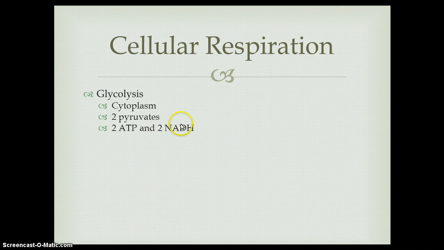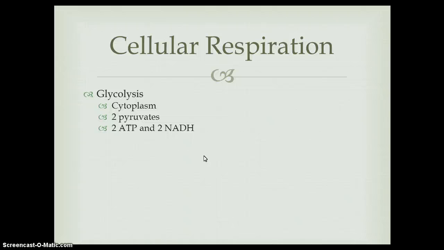Now if you remember, NADH is a molecule that carries electrons, which will eventually go to the electron transport chain to create more ATP. So the two main things you should definitely know here are that glycolysis occurs in the cytoplasm, and only 2 ATPs are generated.